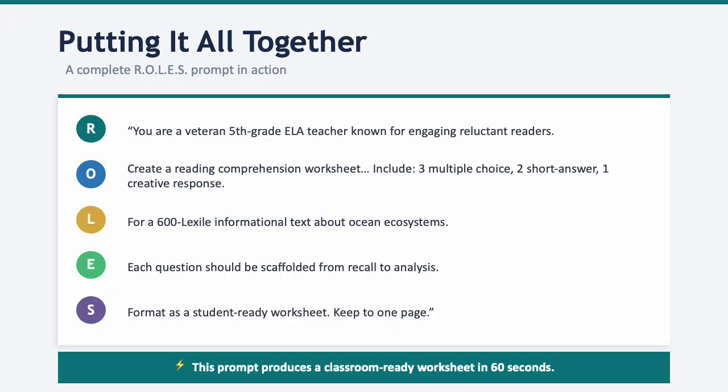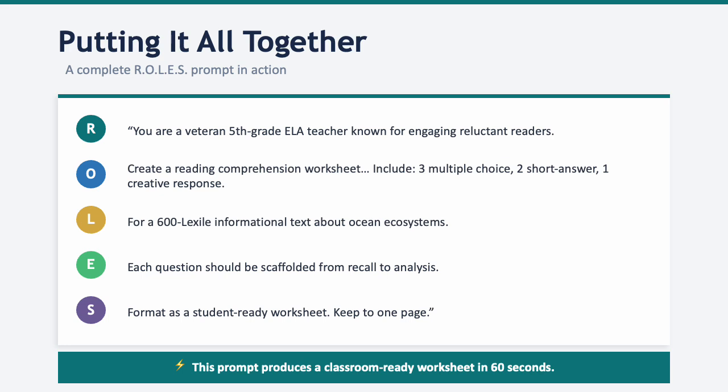Now let me put it all together for you. Here's a complete roles prompt. You are a veteran 5th grade ELA teacher known for engaging reluctant readers. Create a reading comprehension worksheet for a 600 lexile informational text about ocean ecosystems. Include 3 text-dependent multiple-choice questions, 2 short answer questions requiring text evidence, and 1 creative response question.